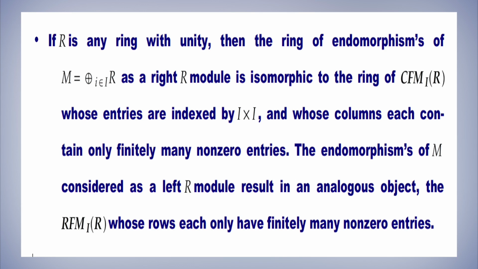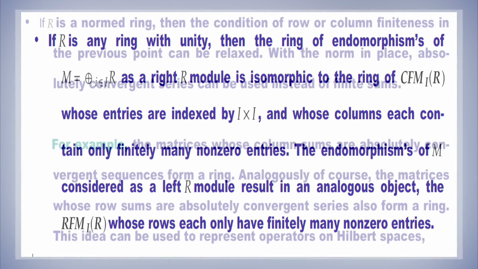The endomorphisms of M considered as a left R-module result in an analogous object, the row-finite matrices of R over I, whose rows each only have finitely many non-zero entries.